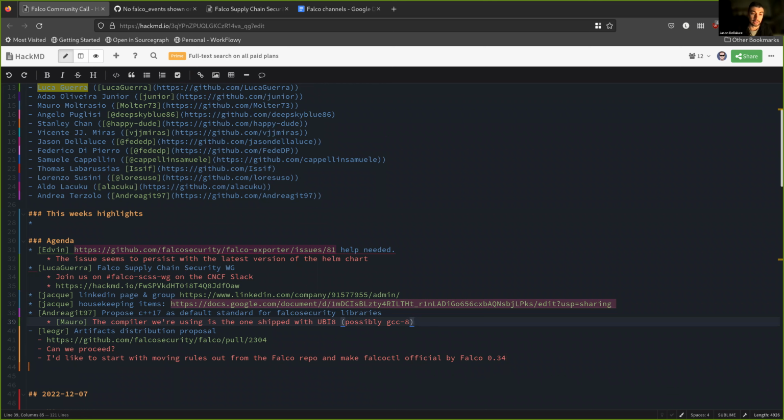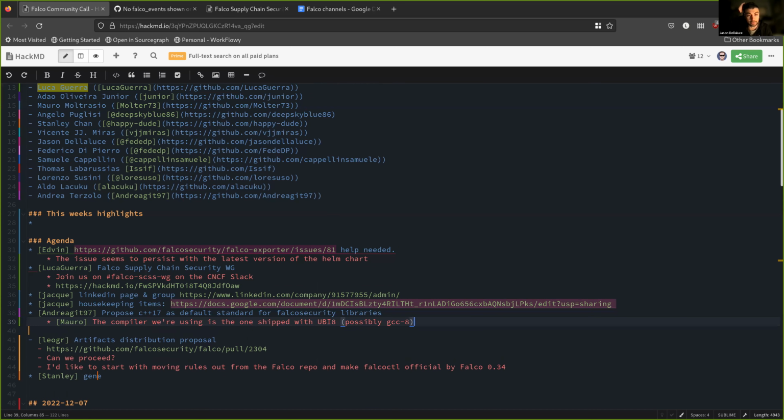I personally remember that when working on the language filtering refactor, I had to exclude some open source libraries that did a good chunk of the work, mostly because of the C++ standard, which happened to be C++17 for one of those libraries that I really liked. So I may give a big thumbs up for this. If we're sure that we don't break anything, I will be good with this.